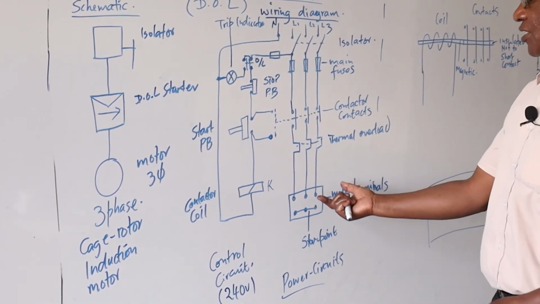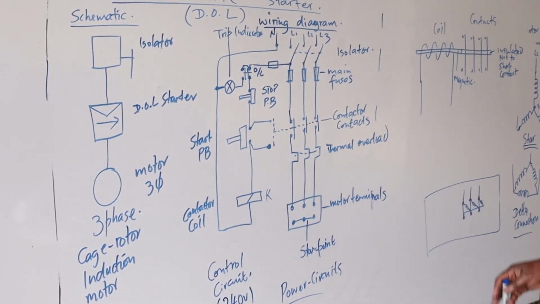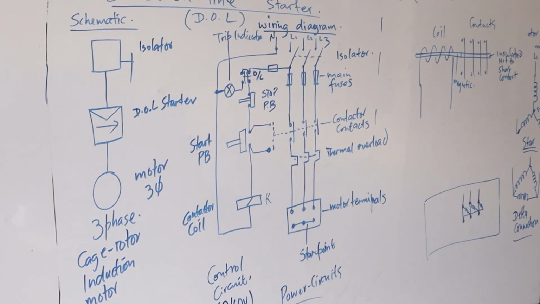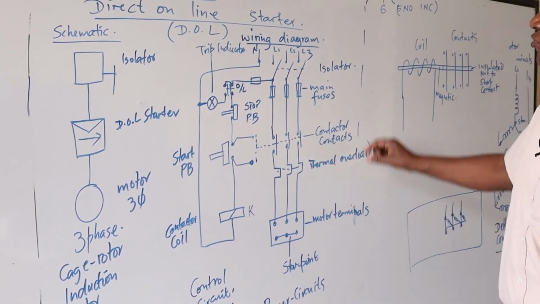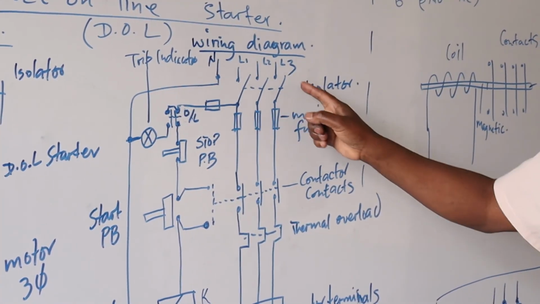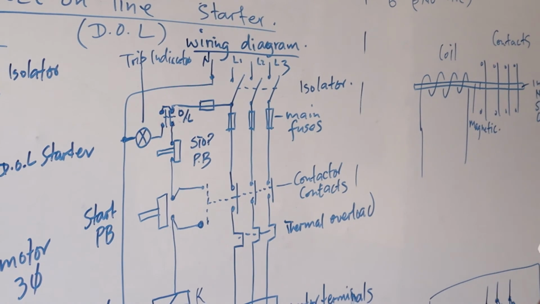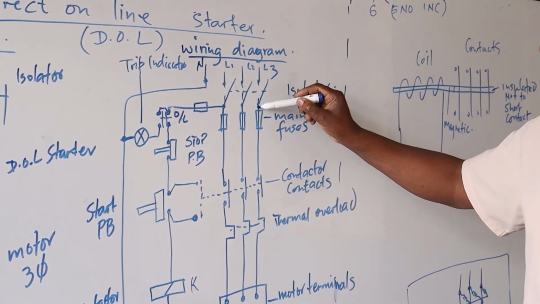The stator windings, you connect them in star, and the motor is a cage rotor. There are no rotor windings. So when you want to start your motor, you operate your isolator to close your circuits. So this one connects there, this one to that point, this one here to that point there.